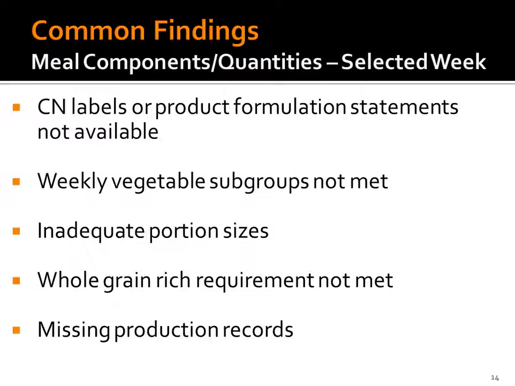We also found many of the menus lacking in regards to the vegetable subgroup requirements. You must especially make sure you're meeting the requirements for beans and legumes, dark green, and red-orange vegetable subgroups. As I said earlier, production records are vital to support what you served and how much you served. These must be done on a daily basis for breakfast, lunch, and after-school snack programs.